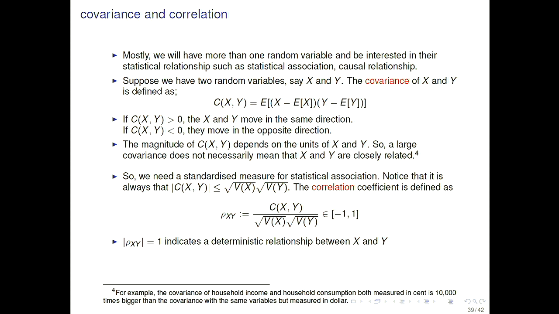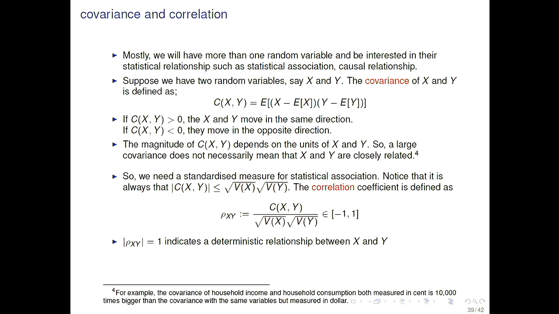So presumably X and Y are positively correlated. Income and consumption are money values. So we have a measurement unit for those money values. Usually we are using dollars in Australia, right? So using dollars, we measure these two random variables, and then we take the covariance, and we find some number.